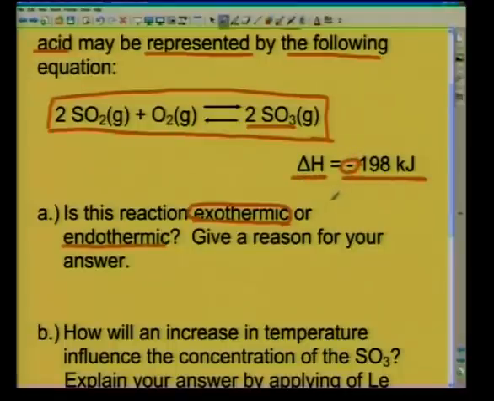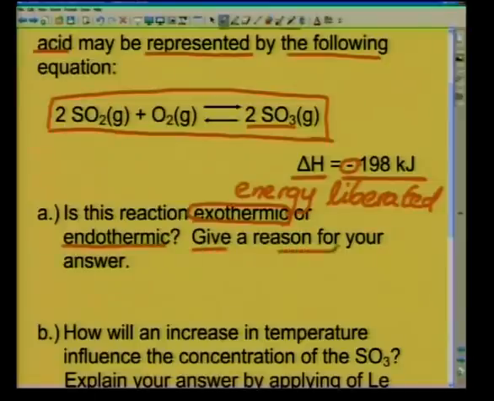A negative value means that energy has been liberated. So we have got energy liberated here, or given off. Okay? So that means that the reaction is exothermic. So that would have given you your answer in terms of giving a reason here. Why do we say it's exothermic? Because the value of delta H is negative.